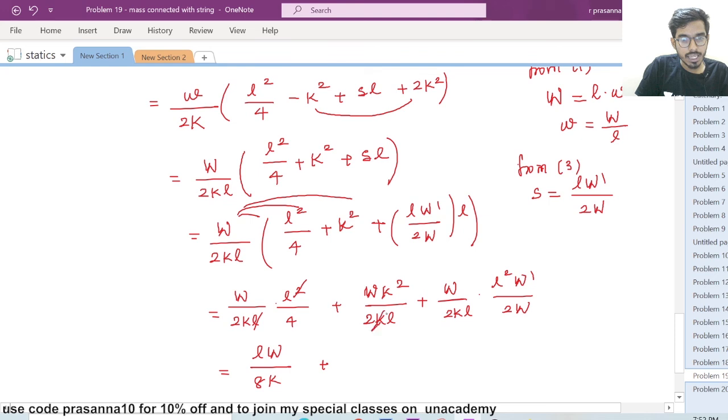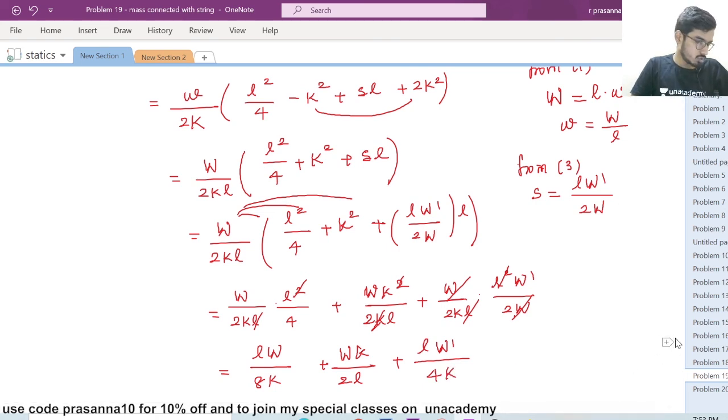And here, 1k and 1k will get cancelled. So we have Wk divided by 2L, plus, and here you can see this W and W will get cancelled, 1L will get cancelled. So we have L into W dash divided by 4k, right? 4k. Now this is the one we need to prove, right?